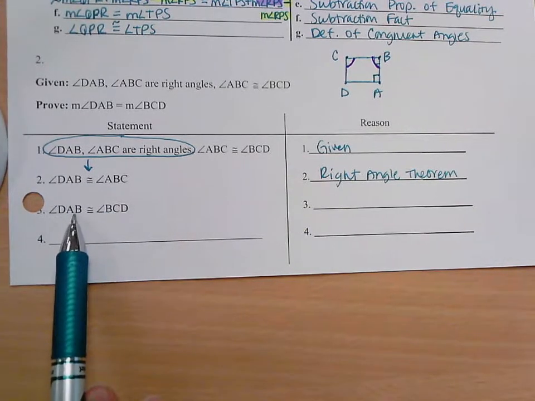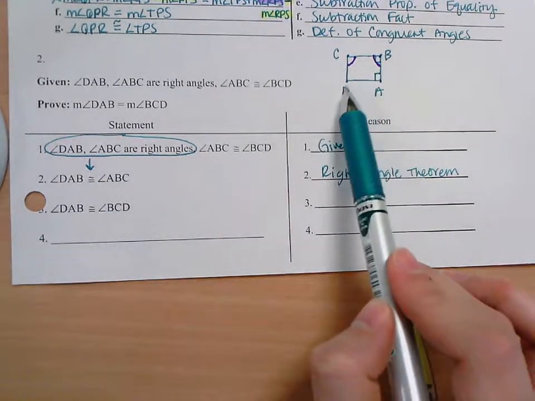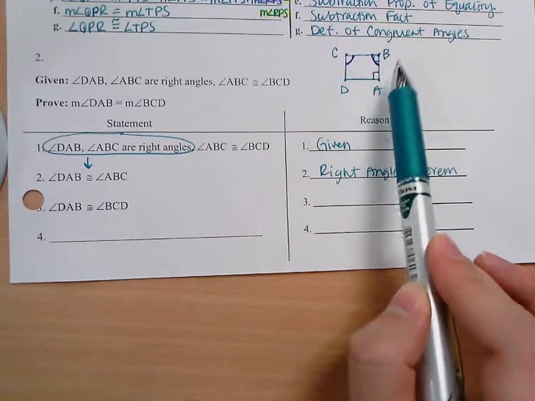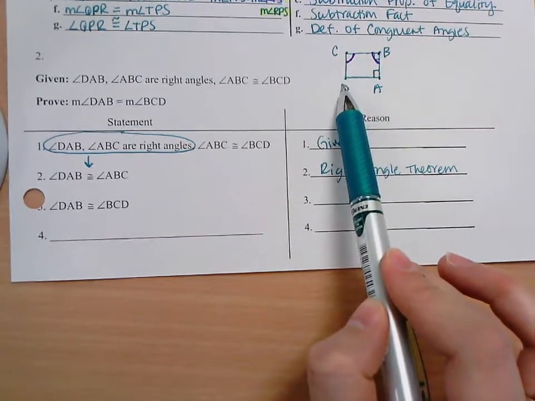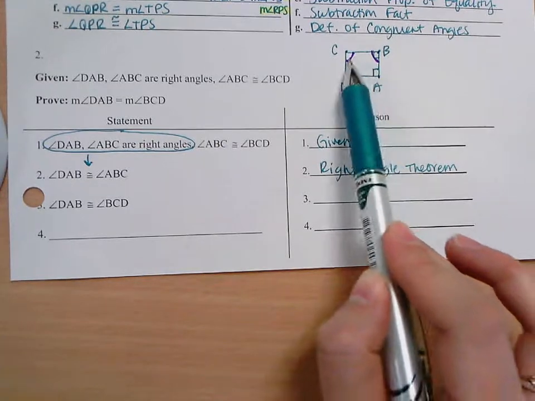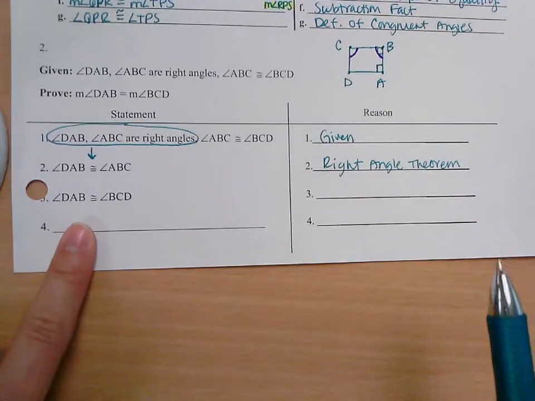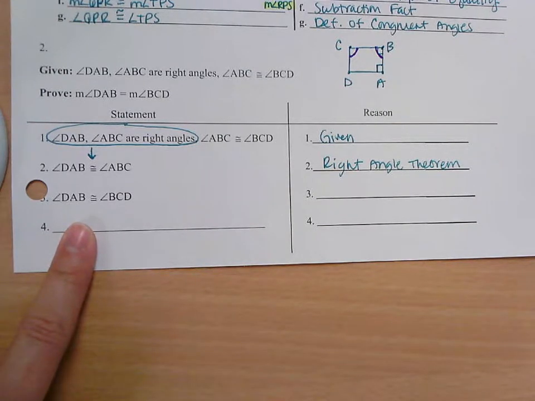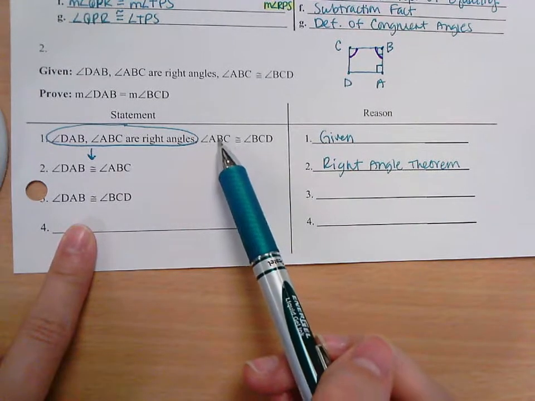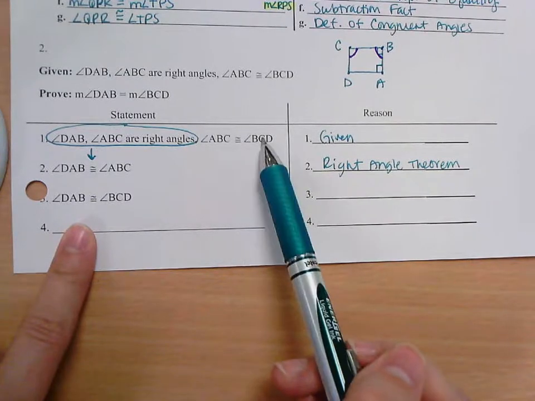Now line 3 says angle DAB is congruent to angle BCD. So it's saying these 2 angles are congruent. It is transitive. So if I'm given this information here.